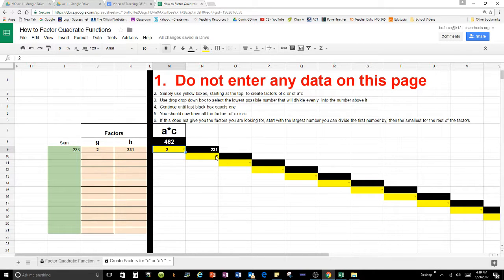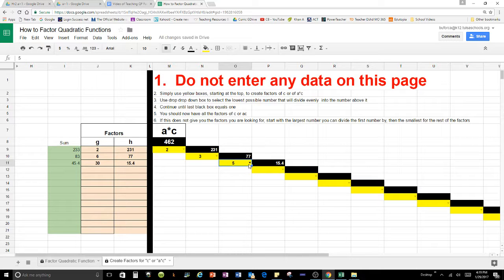So here we have 231. That's not an even number, so we can't use 2. Let's try 3. You see here that's a decimal, so we can't use 3. It needs to be a number that divides evenly. Let's try 5.